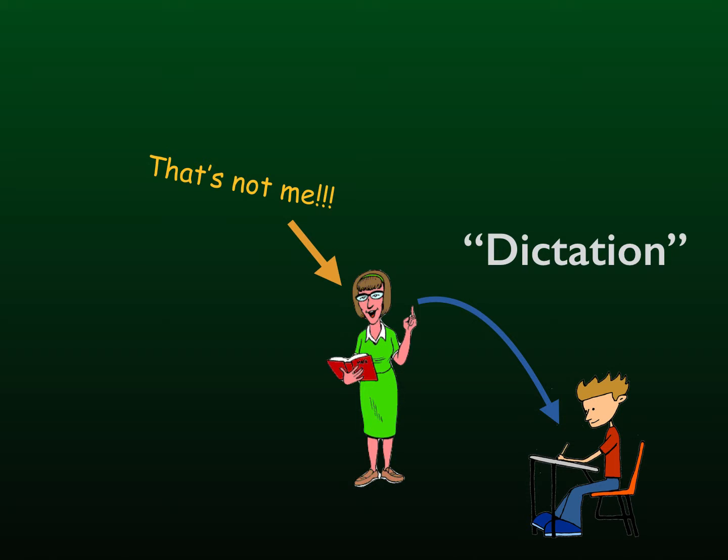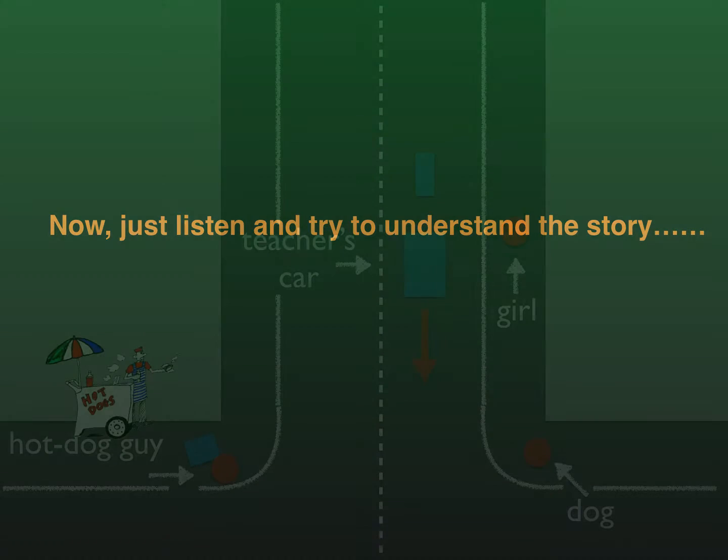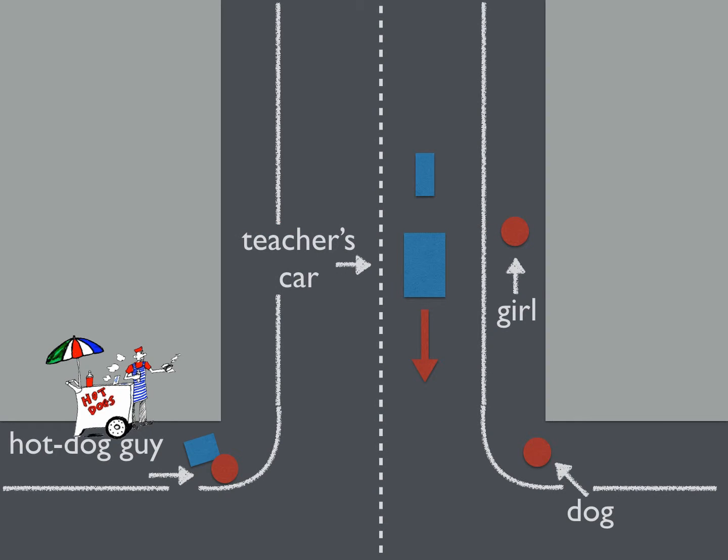But don't try to write anything yet. First, just listen and try to catch the meaning of the story. Here's a plan to make it clear. Okay, I'm going to start reading the dictation exercise now.